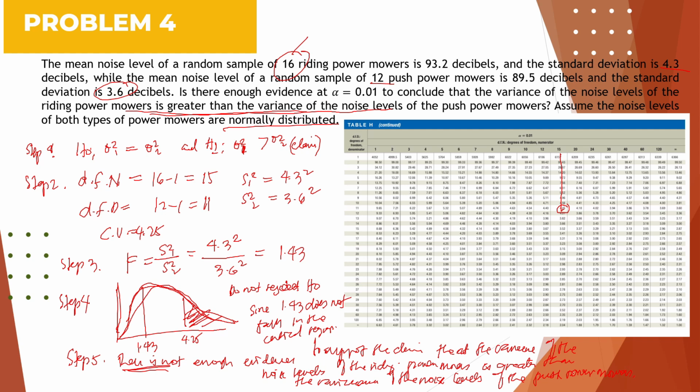Okay, so that's it on how to solve problem number 4.